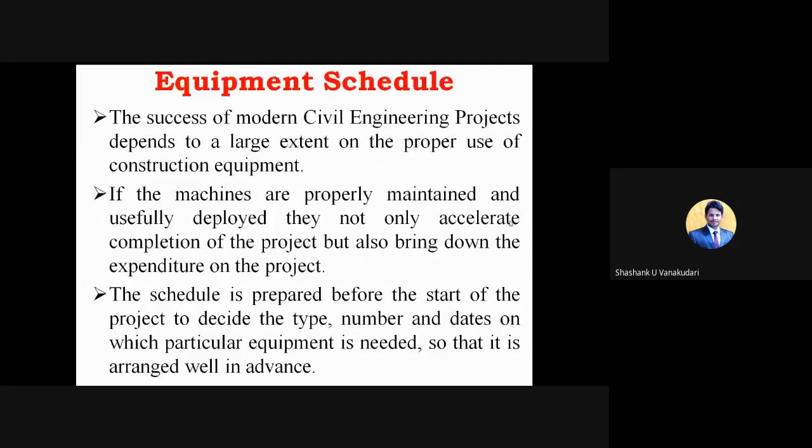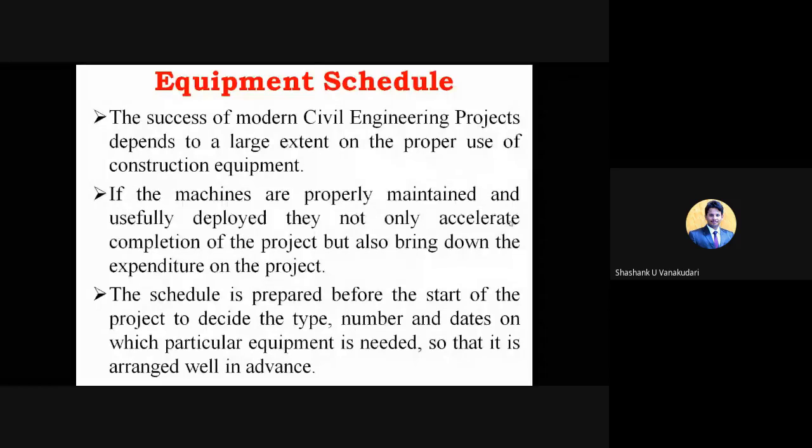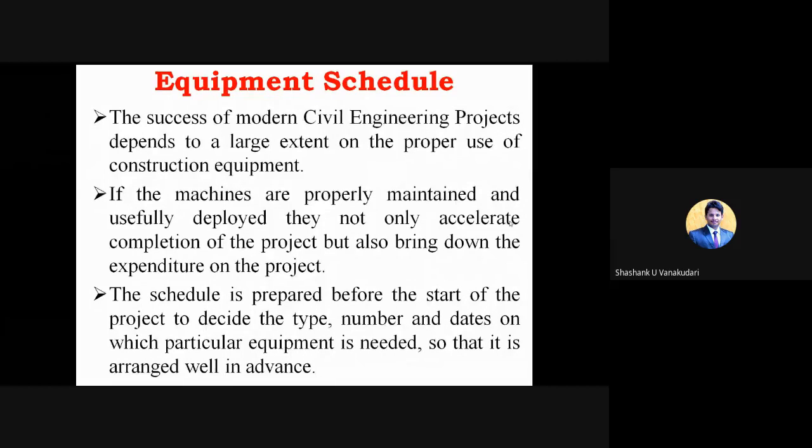Okay. So the equipment schedule mainly comes in the updated part of civil engineering techniques, because in the earlier days there was no equipment. Everything could be maintained and monitored just by using manpower.